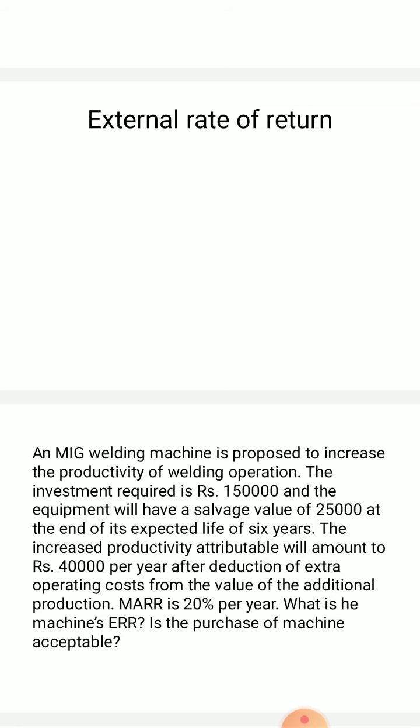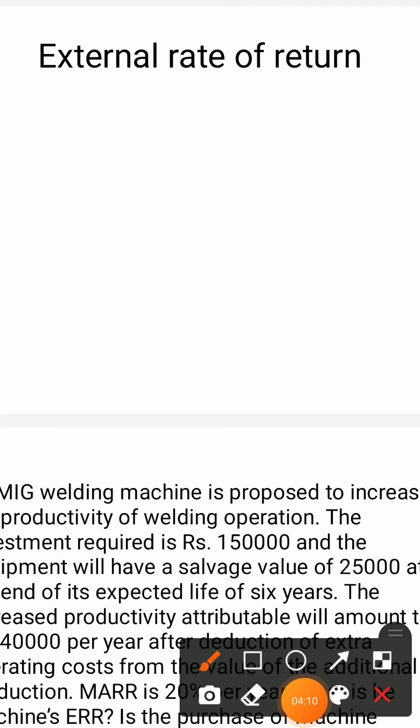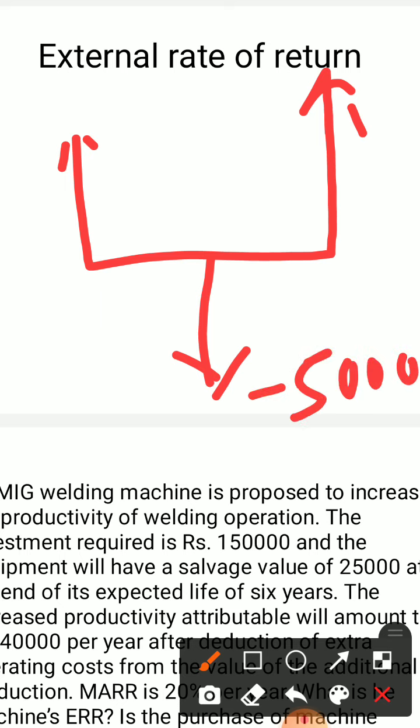Now suppose we consider one case. The expenses are 5,000, and the period is 2 years.